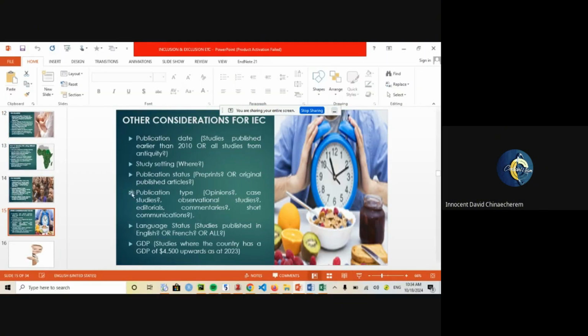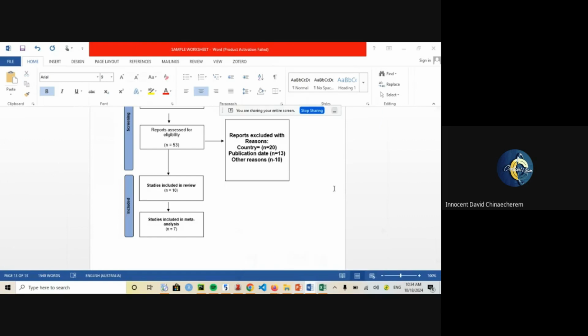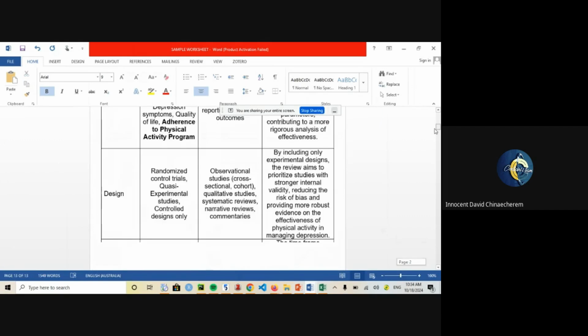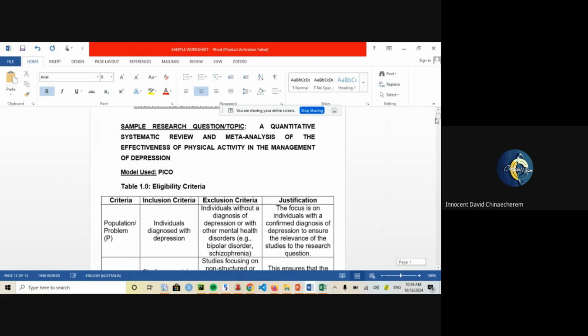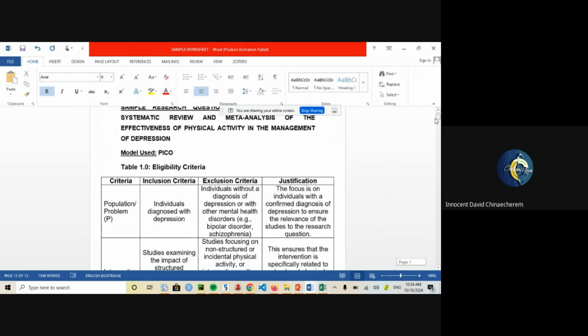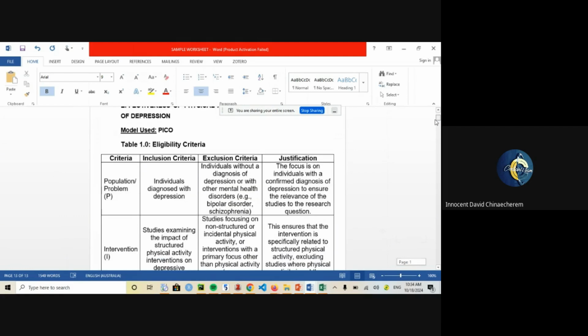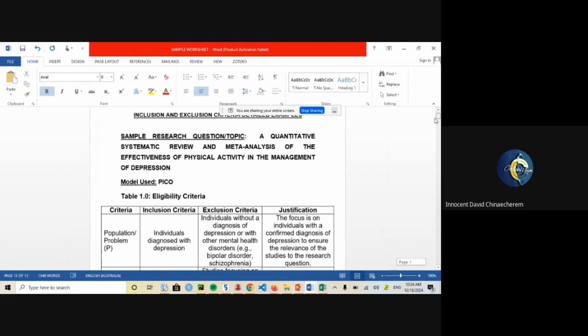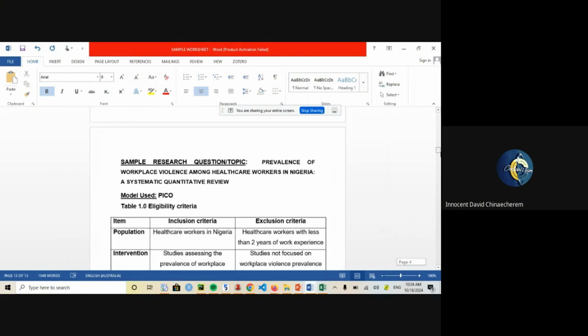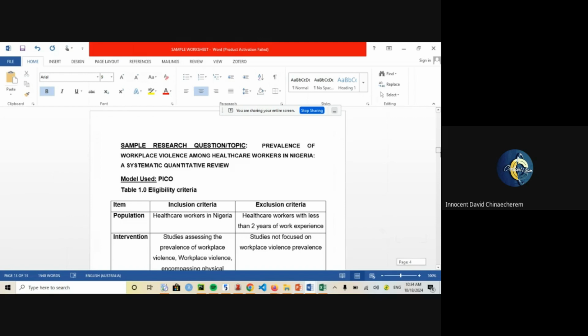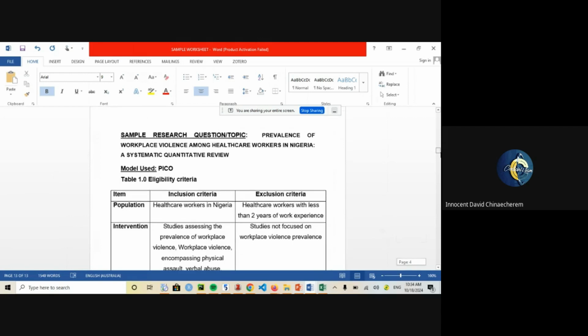And that was where we started by showing an example of our spreadsheet, where we showed some of the examples from a research question of a quantitative systematic review and meta-analysis of the effectiveness of physical activity in the management of depression, where we had a clear look at what the inclusion and exclusion criteria could be, which is also referred to as the eligibility criteria.